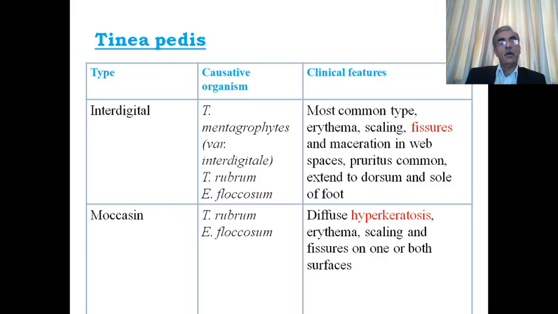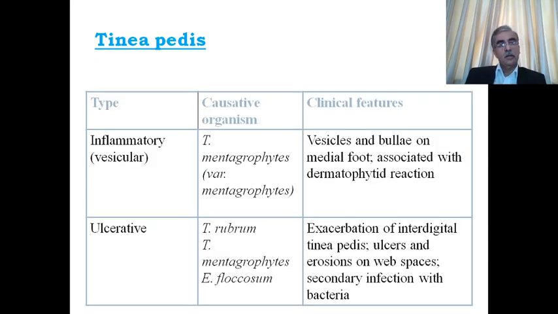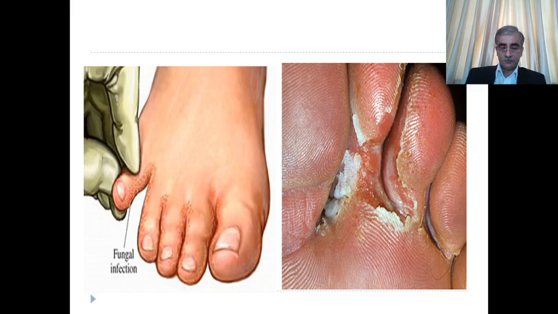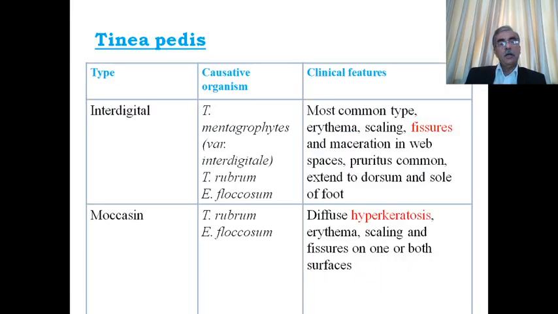So it is important. Another tinea which we commonly see in OPD is tinea pedis, when the sole and dorsum of the feet are involved, or the interdigital area is involved, then it is known as tinea pedis. And clinically it can be interdigital, moccasin type, then vesicular type, ulcerative type. In interdigital, the causative organisms are Trichophyton mentagrophytes variety interdigitale, Trichophyton rubrum, Epidermophyton floccosum.